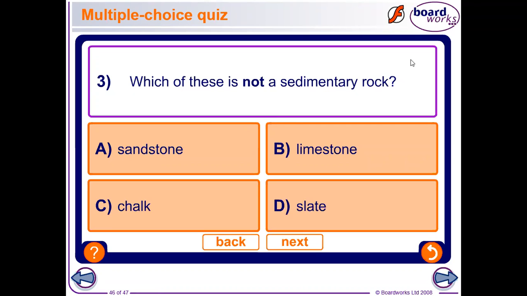Is slate just a name, or if we break it, will it be salt? If we break what? I didn't hear the word. The slate. If we break it into really small pieces like sand, it will be what?